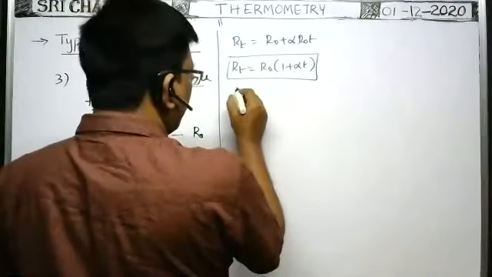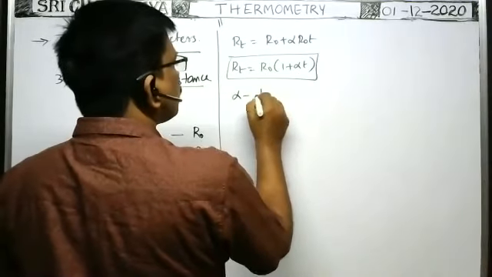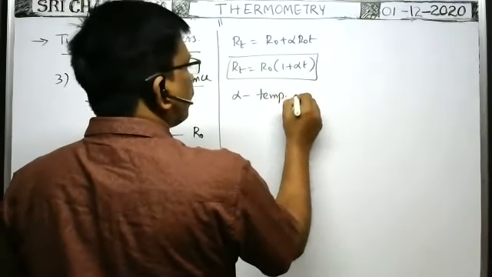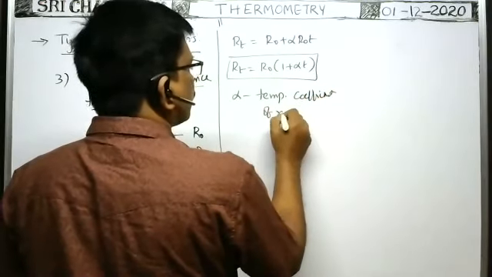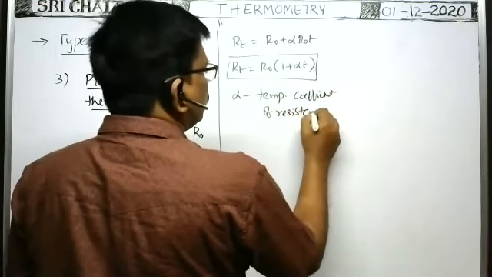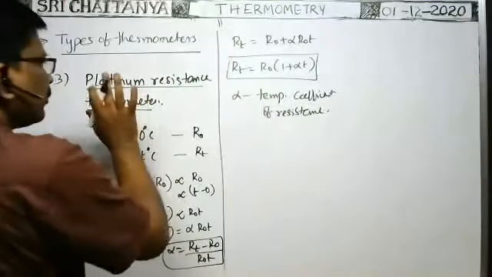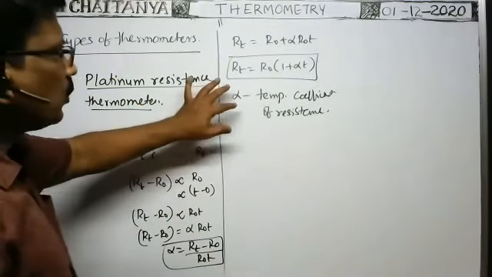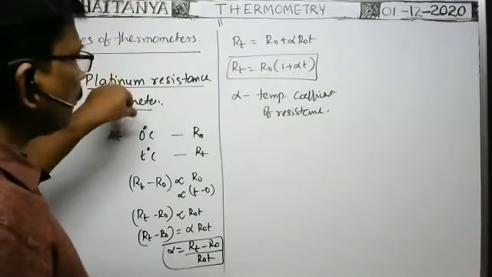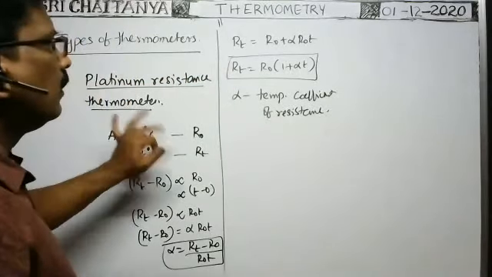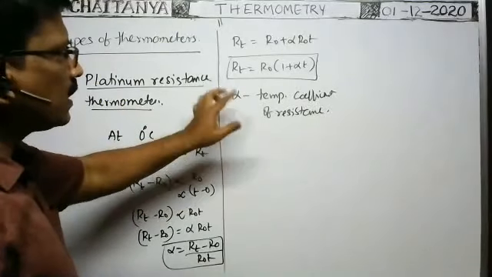Here alpha, the temperature coefficient of resistance, is constant for the given platinum wire used in the resistance thermometer. So it is fixed; we know this value.